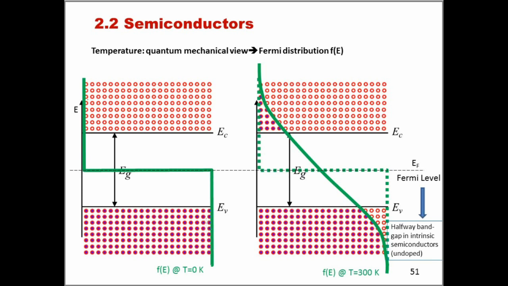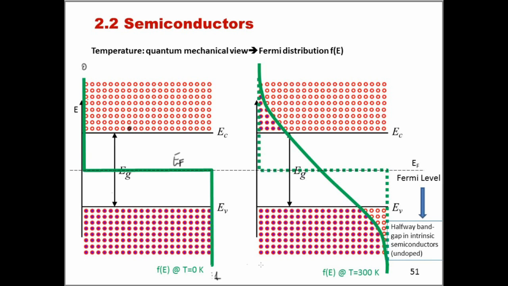For energies that are below the midpoint, remember that this is effectively the Fermi level, as we briefly anticipated, the probability to find these states occupied by one electron is effectively 1. But when the state is above the Fermi level, for example in the conduction band, then the probability becomes 0. So a perfect step function.